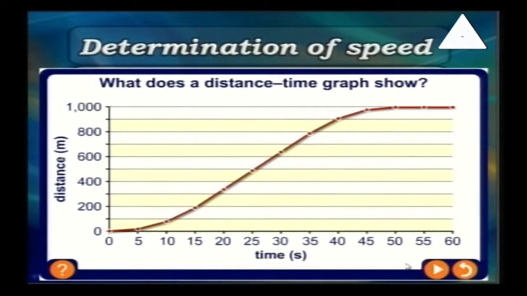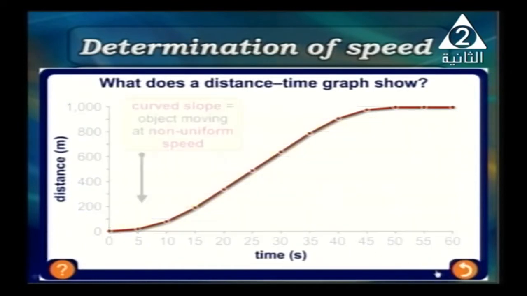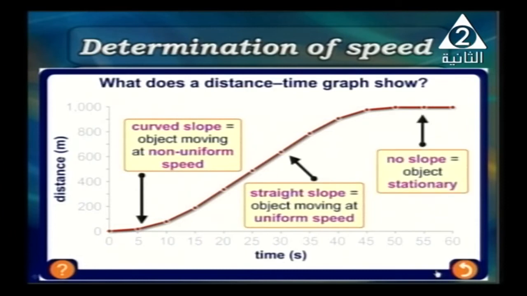So we have a play here to find out the parts of this graph. In this one, we have a curved slope: the object is moving at non-uniform speed. What is meant by this? We will talk about it. A straight slope means the object is moving at uniform speed, the opposite of non-uniform.